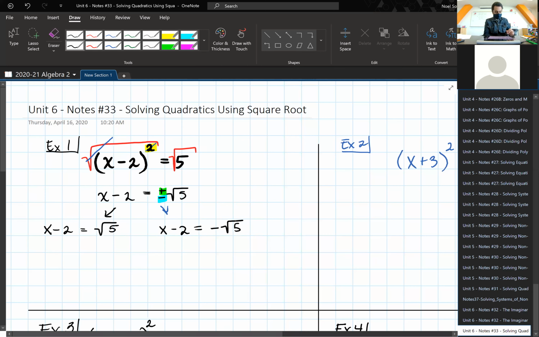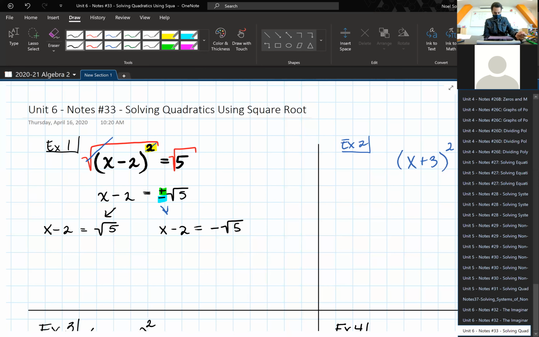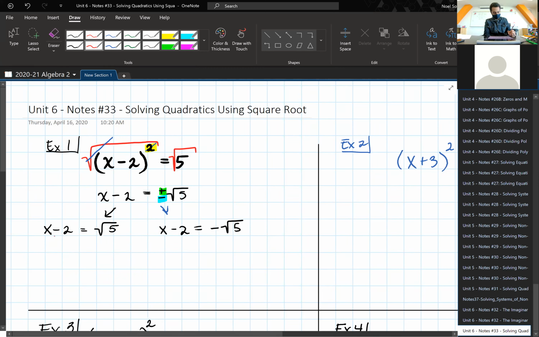Okay. Now, square root of 5 is just some number, right? It's a number that we don't know exactly what it is, so we're going to leave it as the square root of 5 for now. But I still need to solve for x. If I want to get x by itself, I would need to add 2 to both sides.